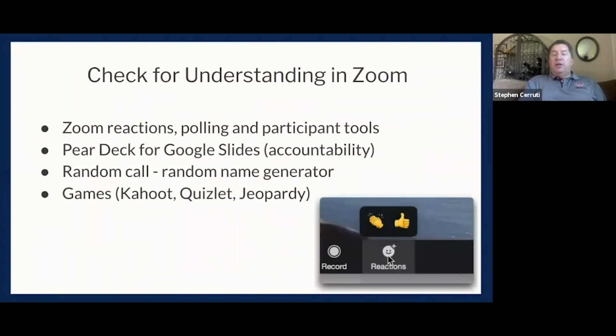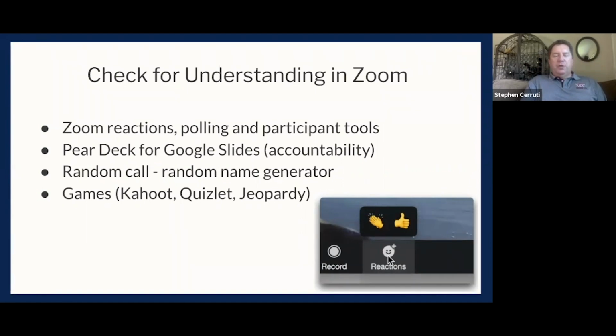Checking for understanding in Zoom can be done with built-in Zoom tools as well. So we can just use the Zoom built-in emotions to have applause or thumbs up in the reactions. And this gives us the ability to instantly check, are you following? We can also use the Zoom polling to ask a question and get back a response, and those can be set up on the fly or in advance.